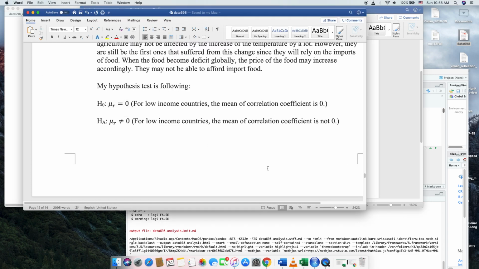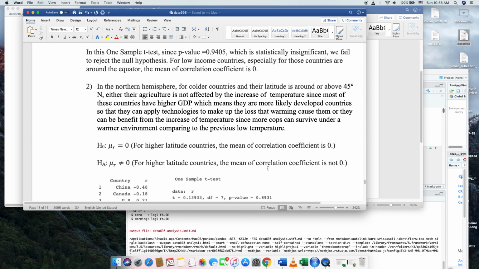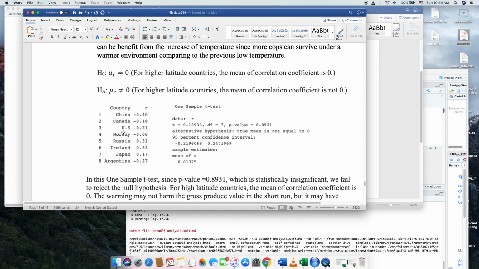In my case, when I did the hypothesis testing, these are the countries I chose: China, Canada, US, Norway, Russia, Ireland, Japan, Argentina. I found that my p-value is 0.8931, which means they are not really affected by the temperature increase.